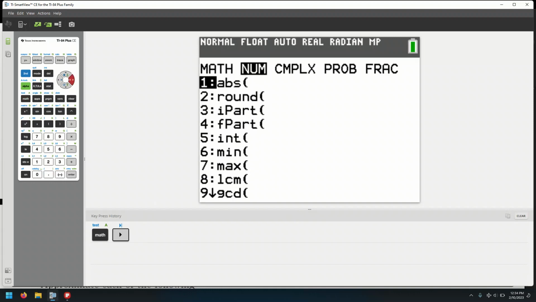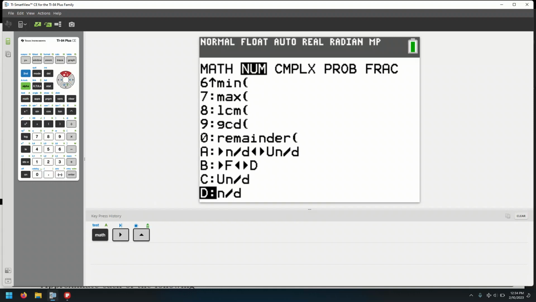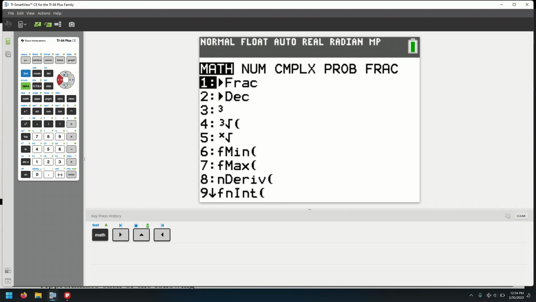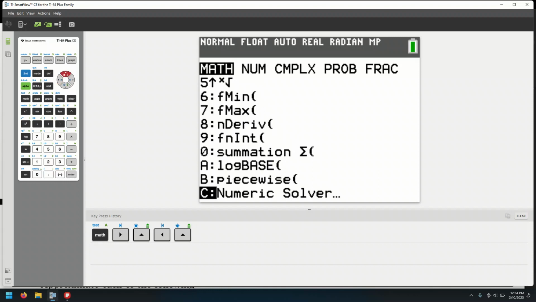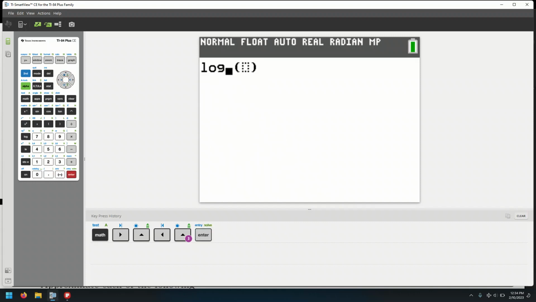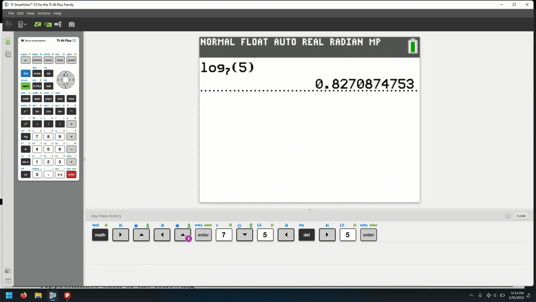I believe it's under Num. No, it's not under Num. It's under Math, actually. Go up, and we will have that log base function here. And all you do is simply evaluate, say, log base 7 of 5. And it's simply going to give us the answer.